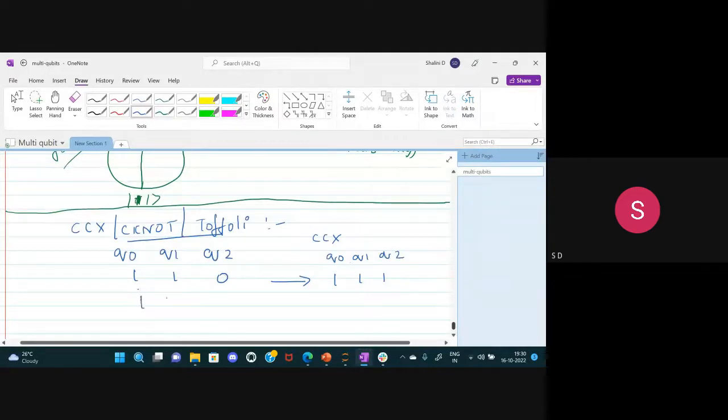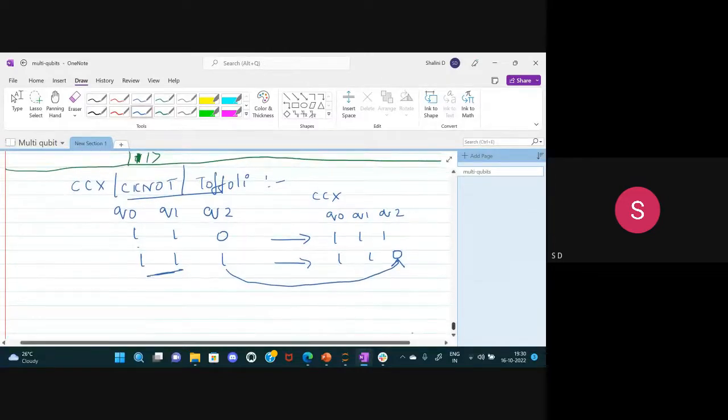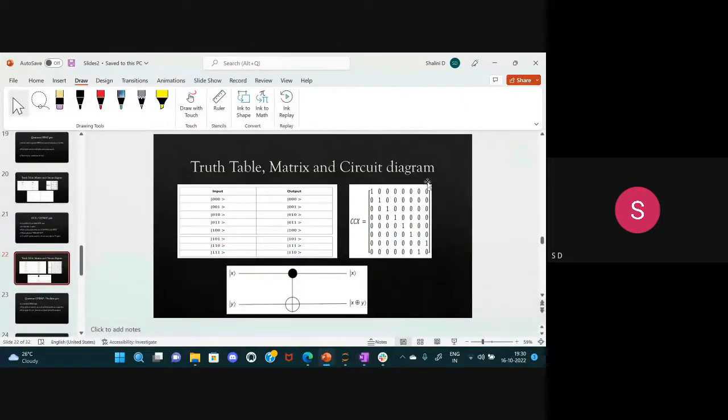Next, 1 1 1 will become 1 1 0, because the target qubit is flipped to 0 as the first two qubits are 1. It is same like CX only, and the truth table is the same as that of CX only.